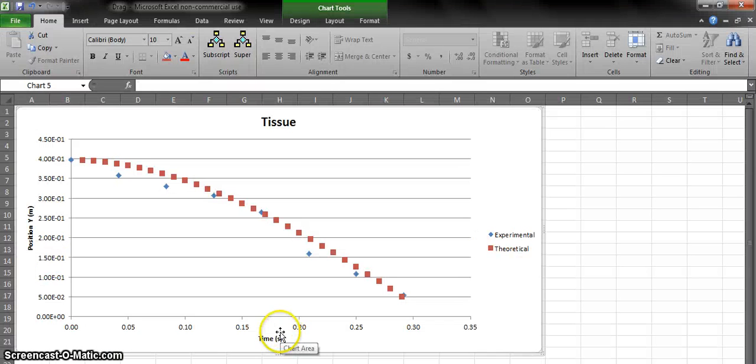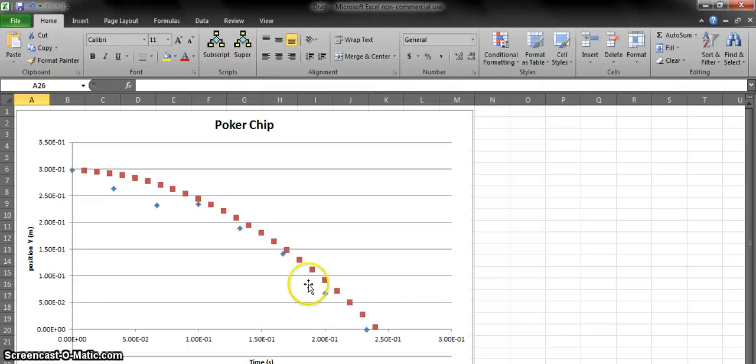Once we calculated the constant of drag force and got similar results to the experimental data, we put it back into another Excel file and created a new graph to demonstrate the drag model of the experiment. Here we have the experimental data in the blue dots and the theoretical data with the drag in the red dots. Here's the tissue and here's the poker chip. These are both position versus time graphs.